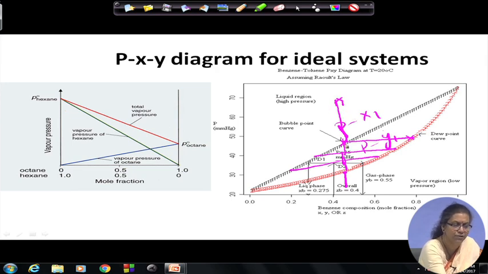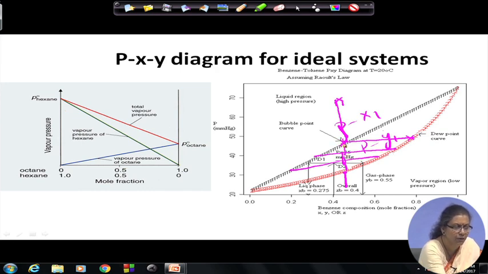I perform isothermal expansion and strike the saturated liquid curve, and after that I enter into the liquid vapor region. It is important to remember that in the liquid vapor region, the overall composition of the mixture remains constant, quite naturally from conservation of mass, but the proportion of liquid and vapor keeps on changing.